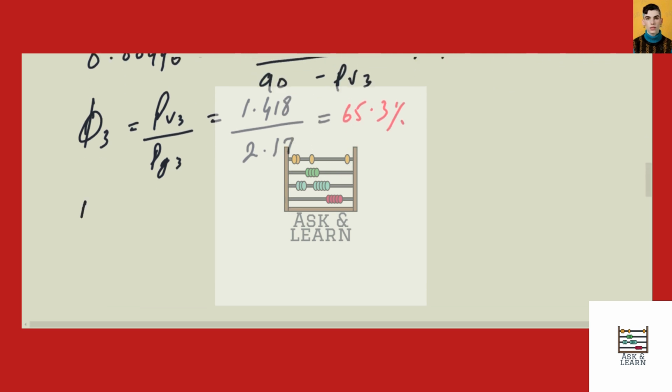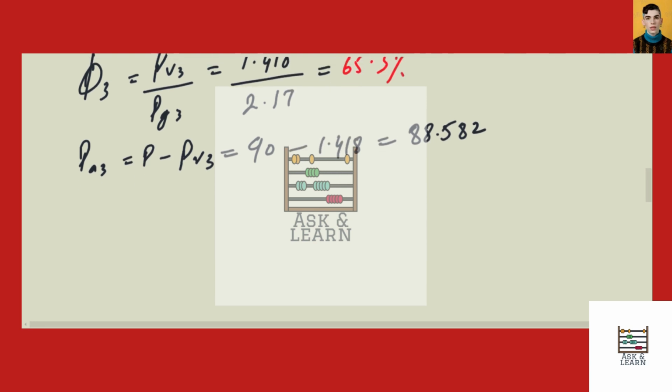Then we have PA3 is equal to P minus PV3, is equal to 90 minus 1.418, is equal to 88.582.